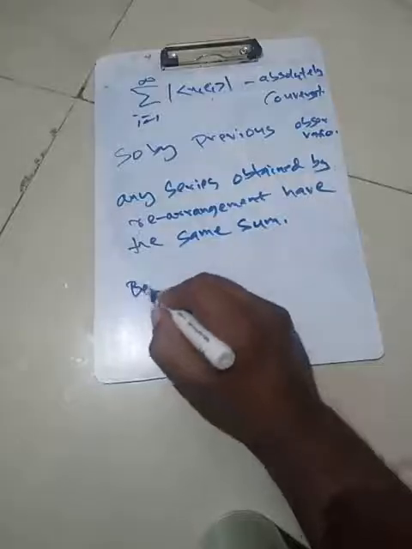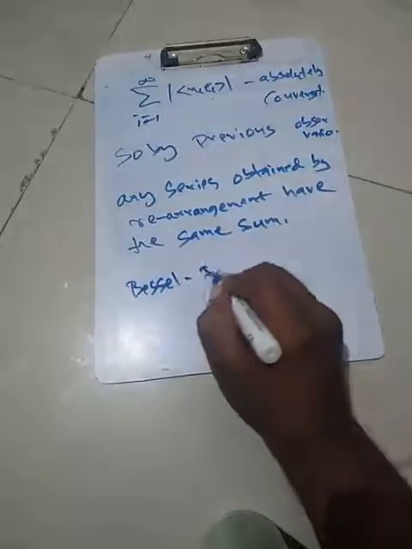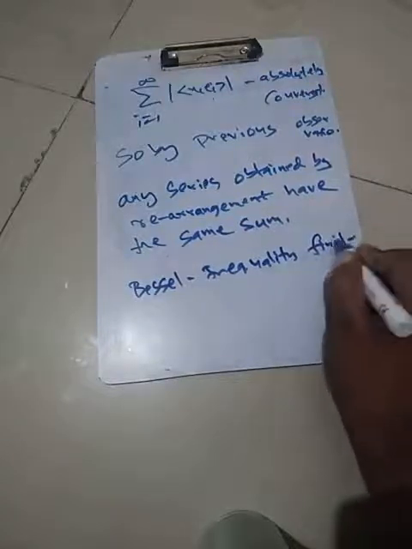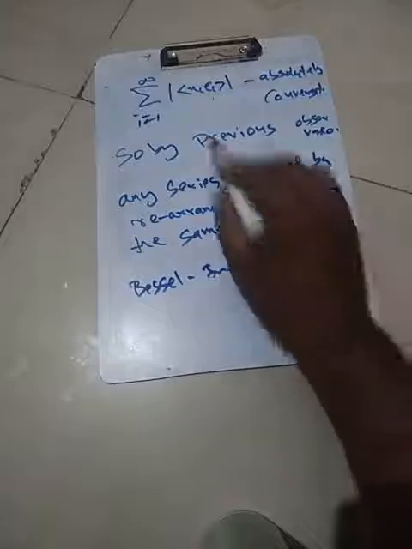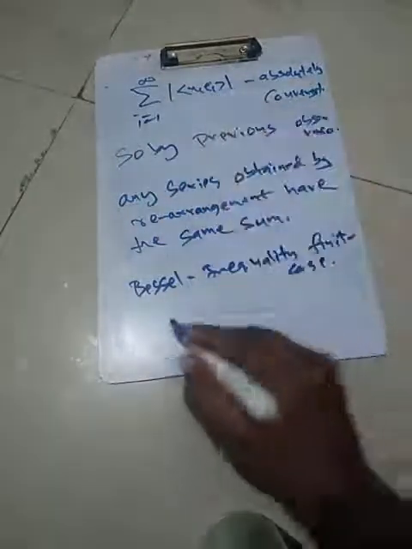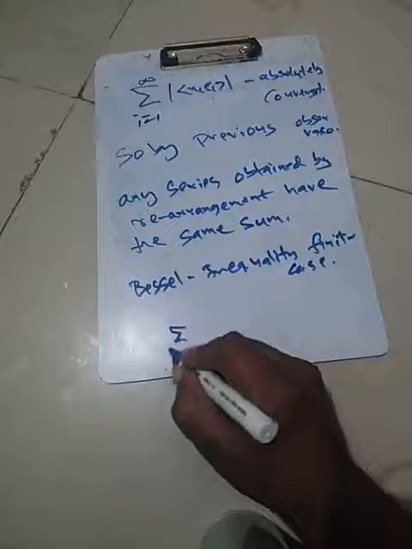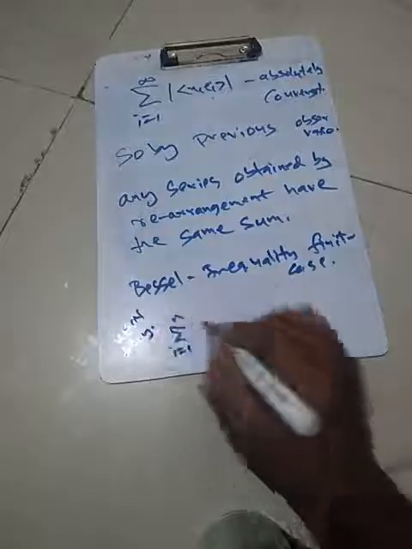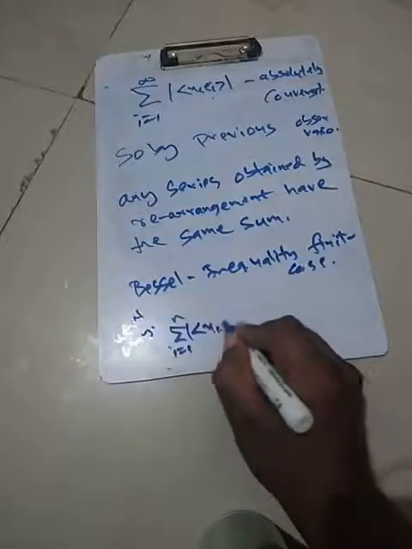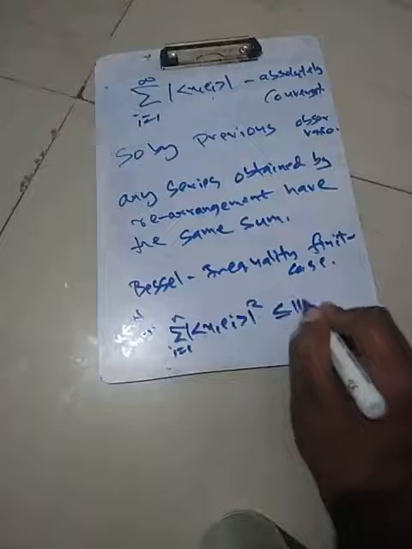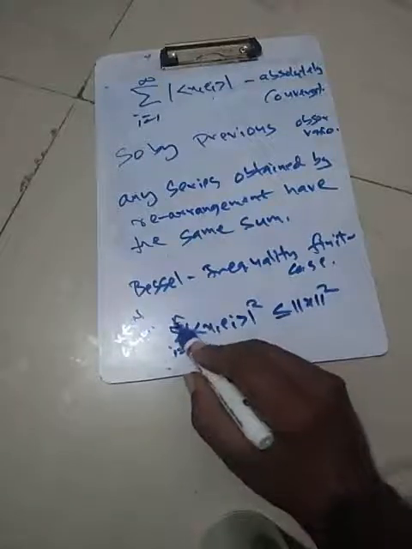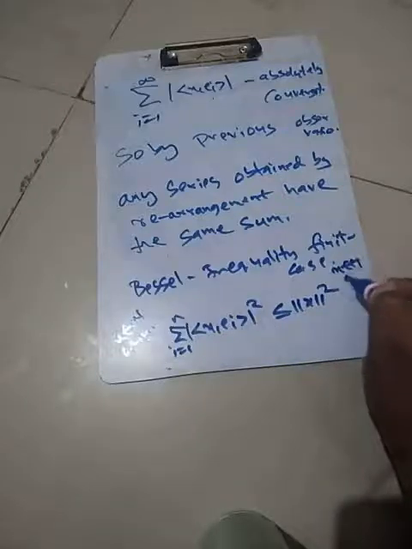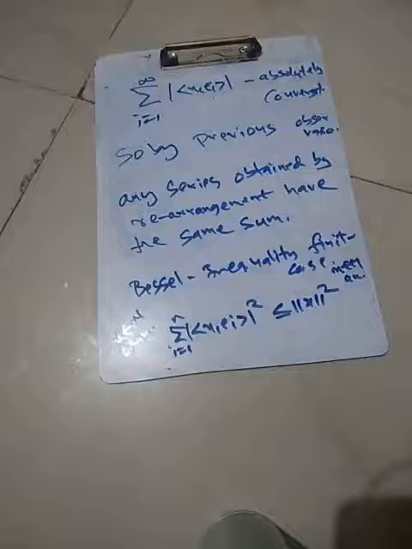Observe that for the Bessel inequality finite case, whatever the sum is, it's an extended real number, but from here, if you take any finite sum, it is bounded by the norm of x squared, for n equal to 1, 2, 3 and so on, where x is in H, a Hilbert space.